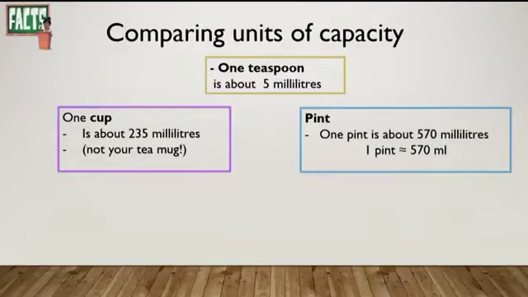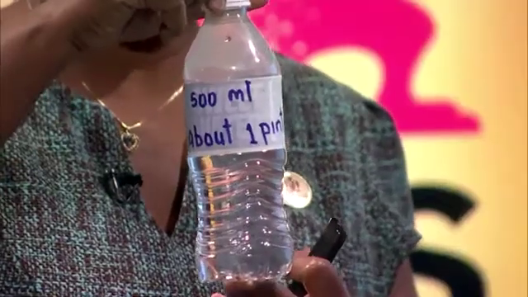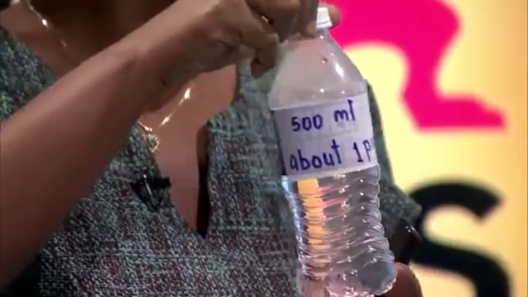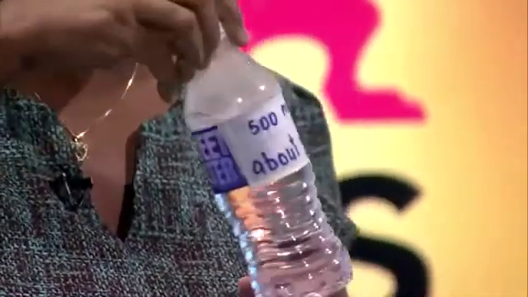A pint. 1 pint is approximately 570 milliliters. So this bottle, for example, is slightly less than a pint, because a pint is 570 and this is 500 milliliters.